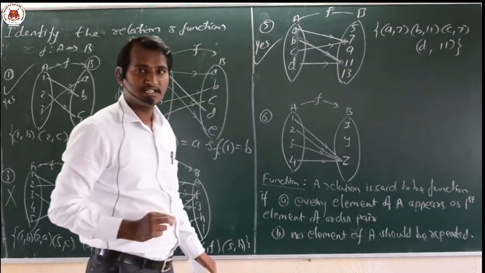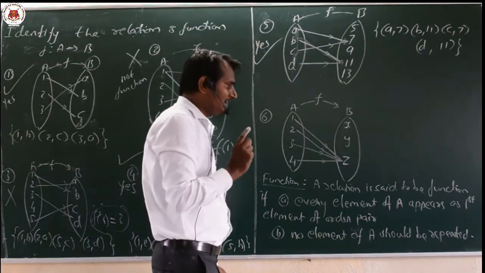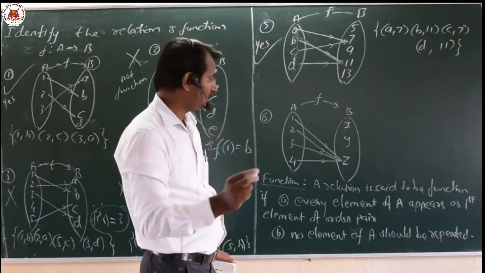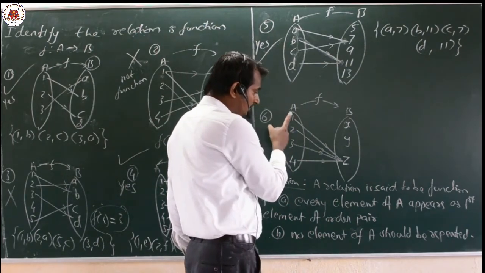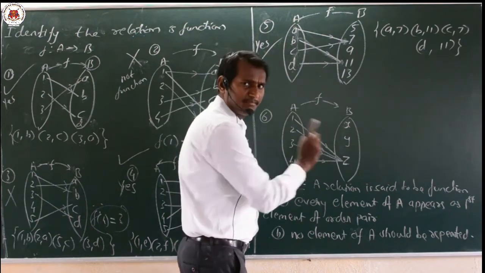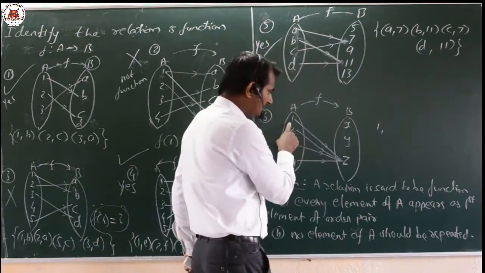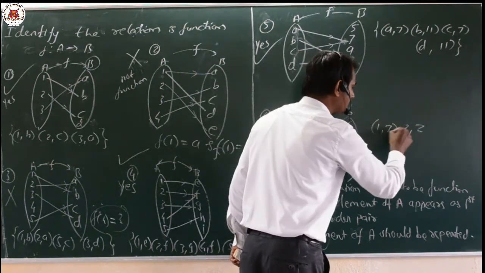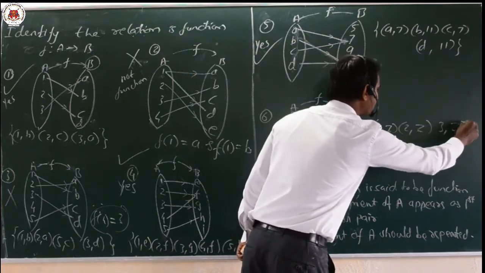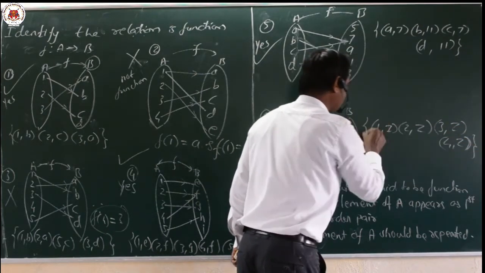Now we shall look into the last example. It is very important. Just observe here. What is the condition now? Each and every element of the set A is having an image. The first condition is also approved. That means 1 comma Z, 2 comma Z, 3 comma Z, and 4 comma Z. The first condition is approved.